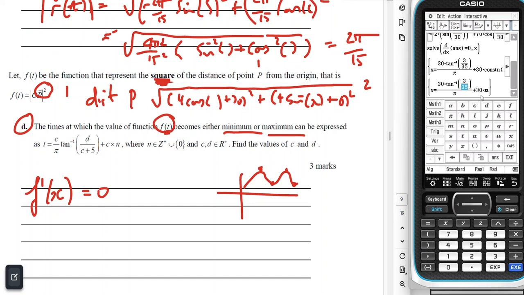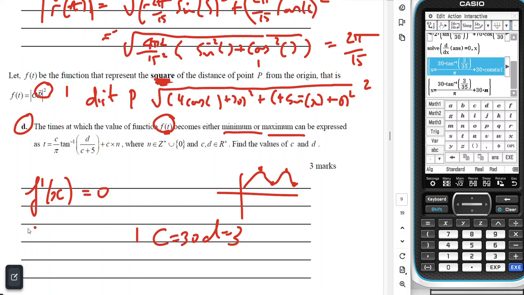So c is 30 and d is 3. And I would write this here, using t instead of x.